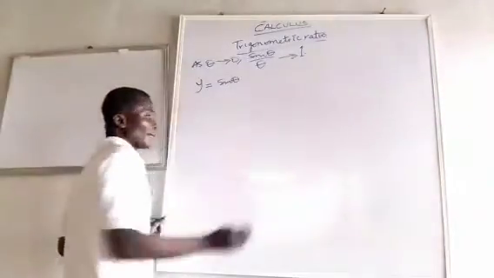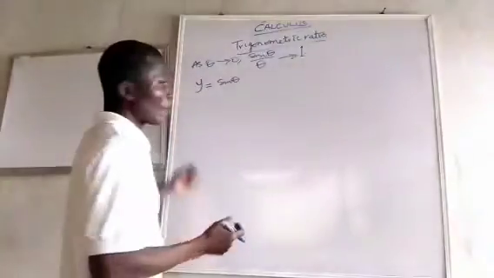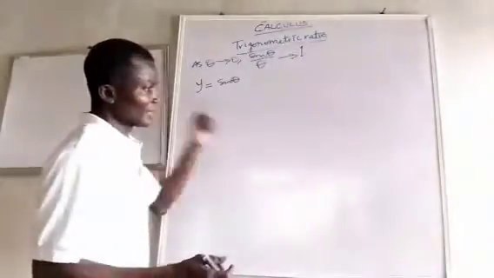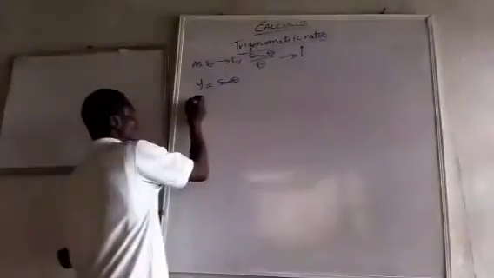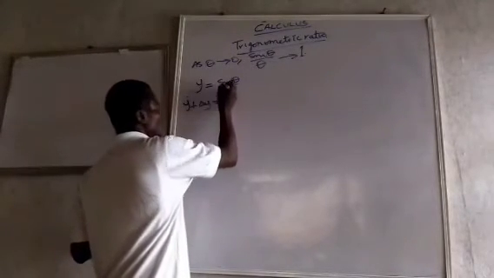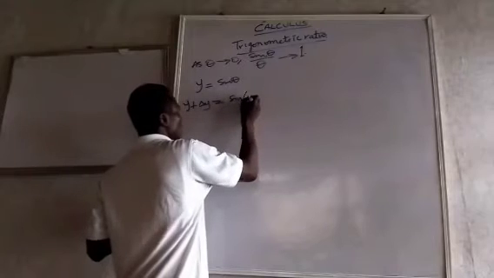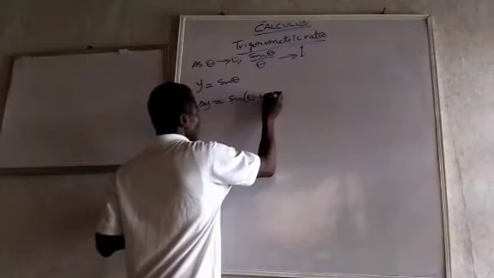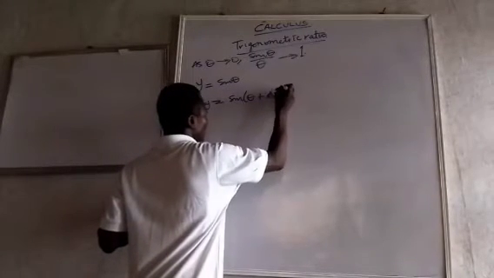As theta increases by delta theta, y also increases by delta y. Therefore, we can also say y plus delta y is equal to sin of theta plus delta theta.